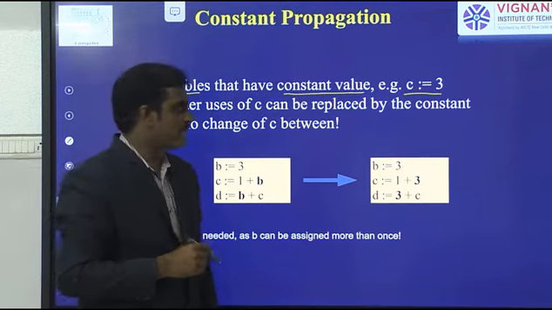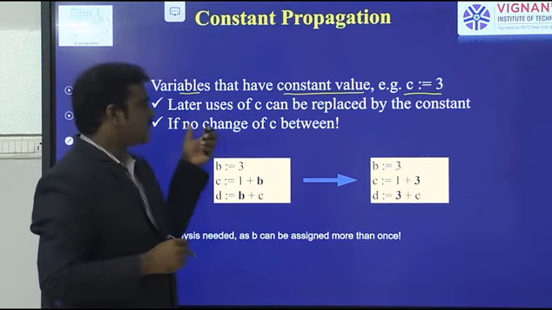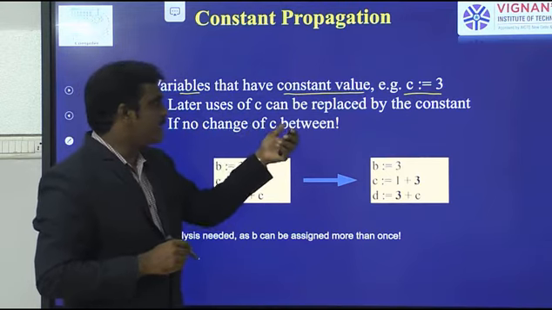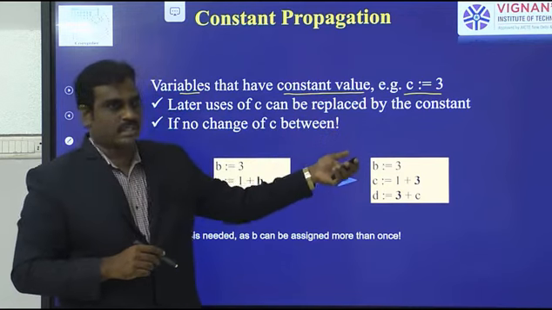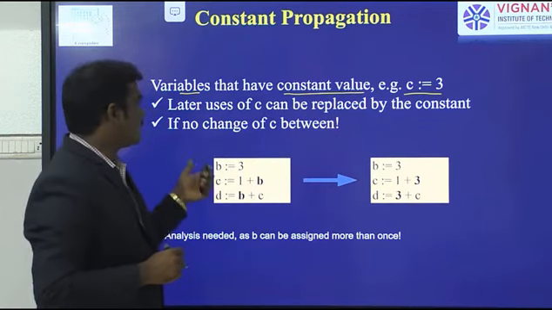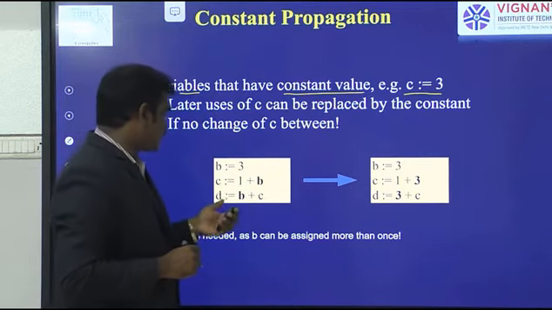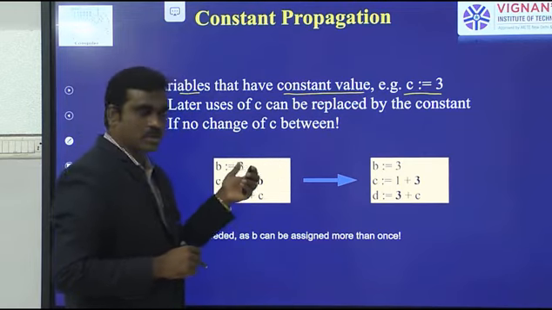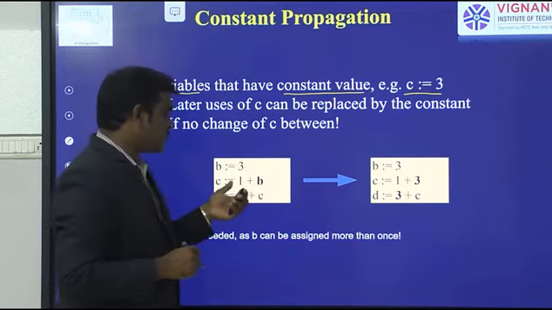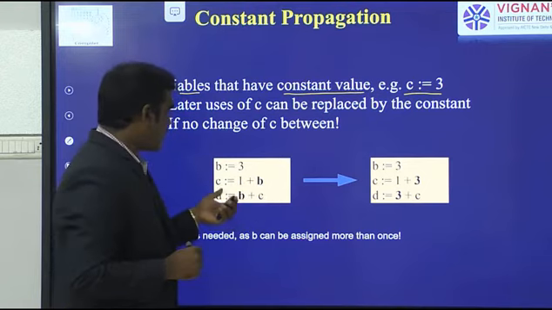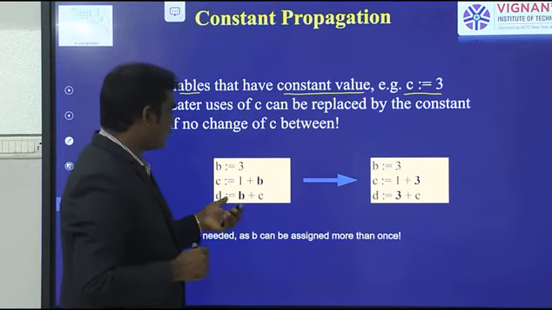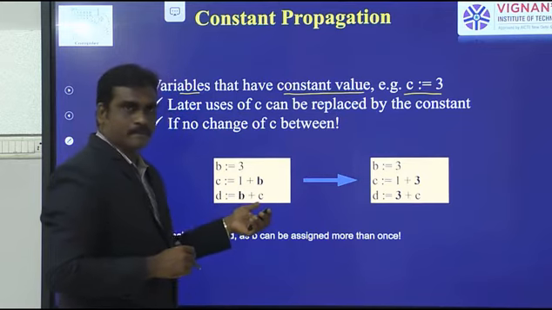Later uses of C can be replaced by the constant 3, if there is no change of C in between. Suppose the statements are B equal to 3, C equal to 1 plus B, and then D equal to B plus C.